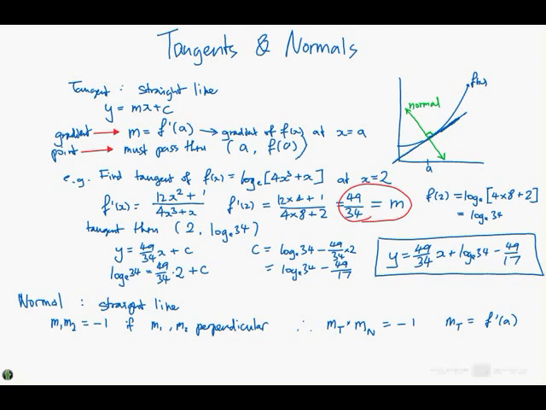If that's the case, then the gradient of the normal is simply going to be, just a little bit of algebra, -1 over mt, which is -1 over f dash of a. So we see that for normals, again you're finding a straight line, but m equals -1 over f dash of a. Remember, a is the point on the graph, so this part here.